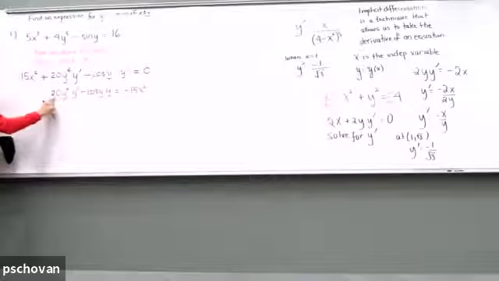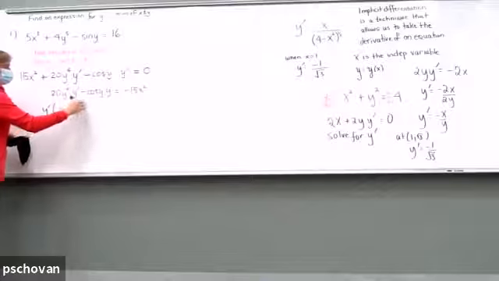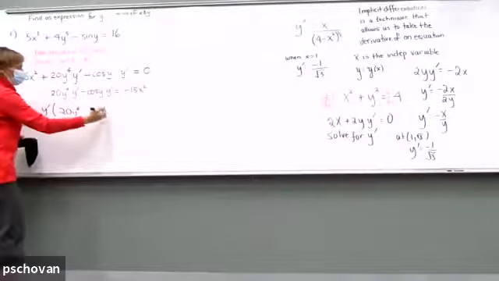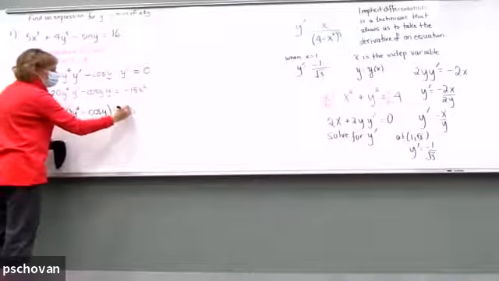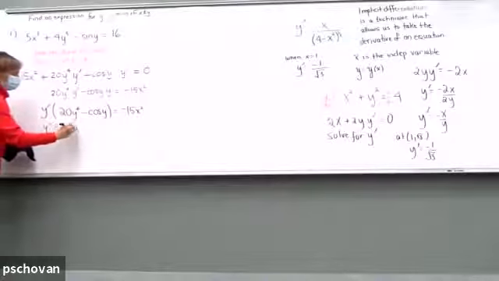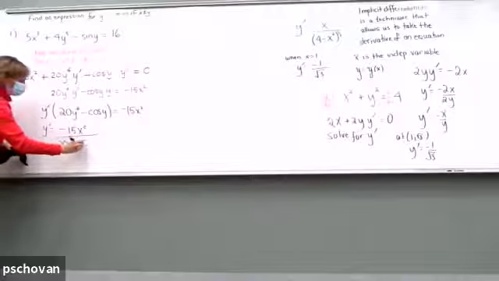If I pull it out of here, there's a 20y to the fourth left. And if I pull it out of here, I just have the minus cosine of y. And so my last step is just to divide by that stuff next to the y prime, so y prime is all by itself. It's negative 15x squared divided by the 20y to the fourth minus the cosine of y.